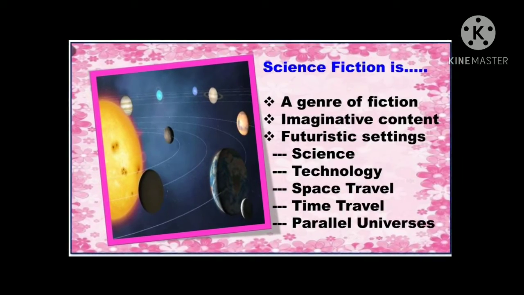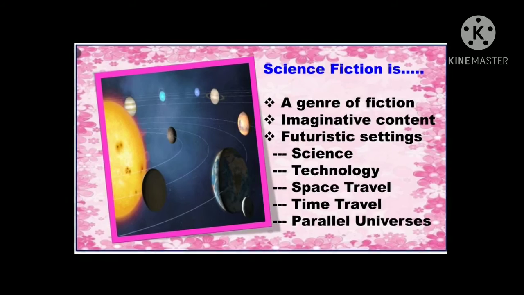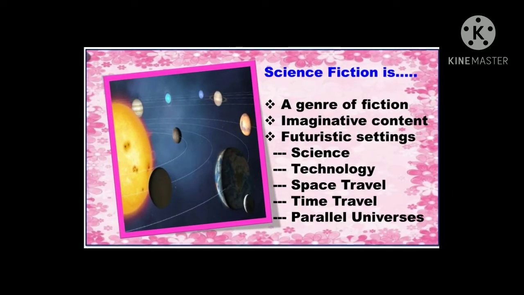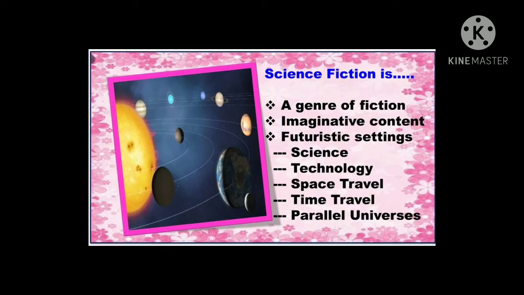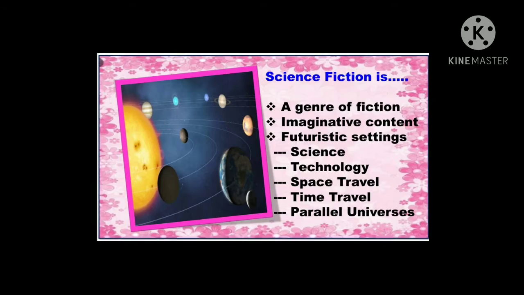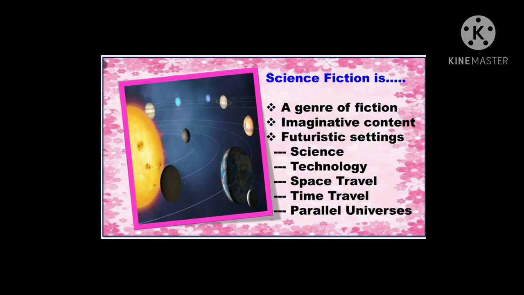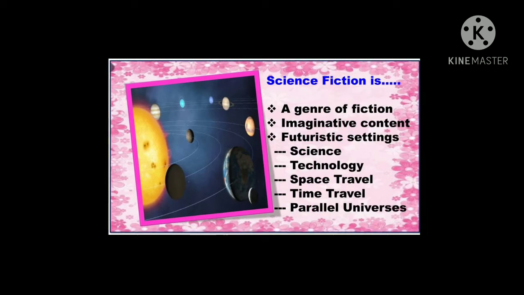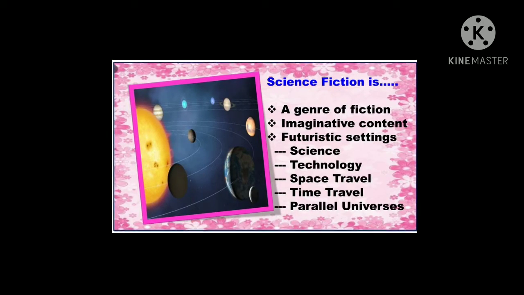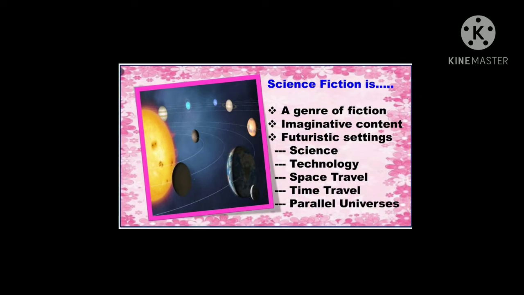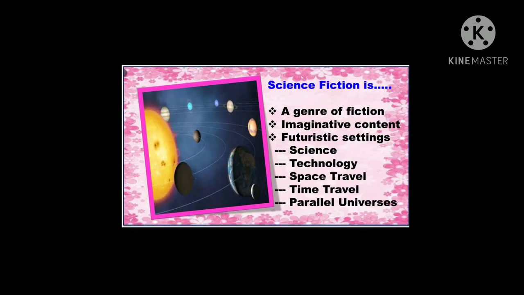Science fiction is a genre of speculative fiction, typically dealing with imaginative concepts such as advanced science and technology, spaceflight, time travel, and extraterrestrial life. Science fiction often explores the potential consequences of scientific and other innovations and has been called a literature of ideas.